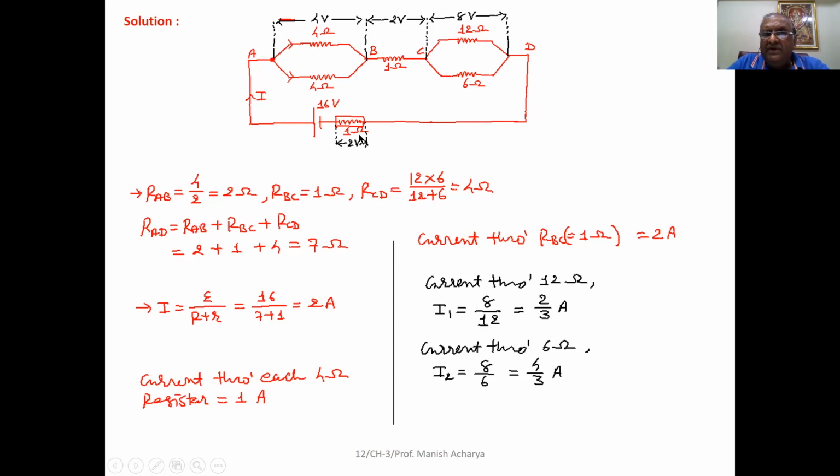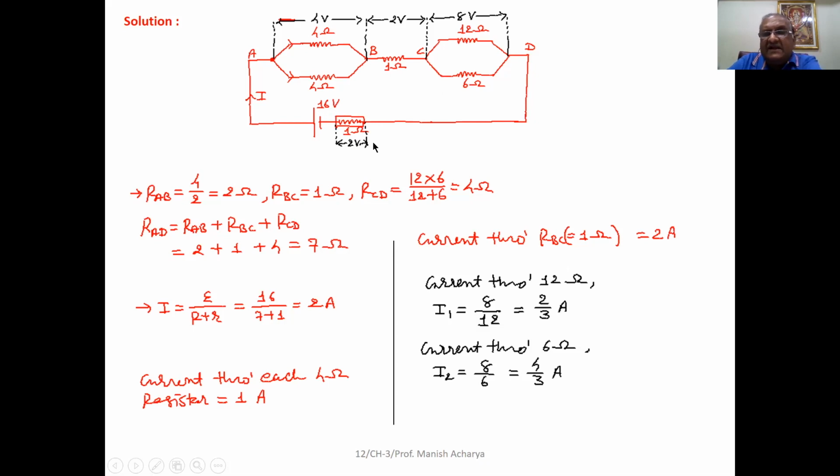And when 2 ampere current is flowing through this cell, the internal resistance of the cell is given to you as 1 ohm, so the potential drop will be 2 volt. So 4 plus 2 volt, 6 volt, plus 2 volt, 8 volt. And the total voltage of the battery is 16 volt.